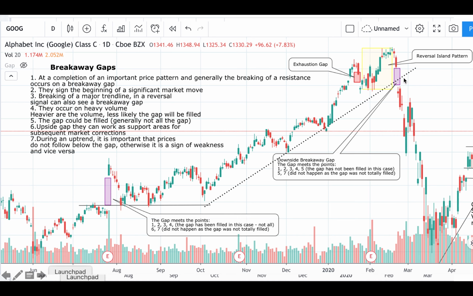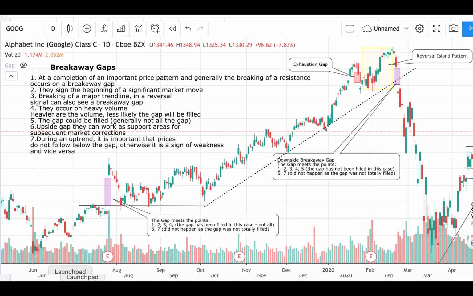And one other consideration: this one is a reversal condition, because first of all there is an island reversal pattern, but forget about it for a while. Why is it important? Because a trend line has been violated, so this is a signal of weakness of the trend, a signal of reversal of the trend.